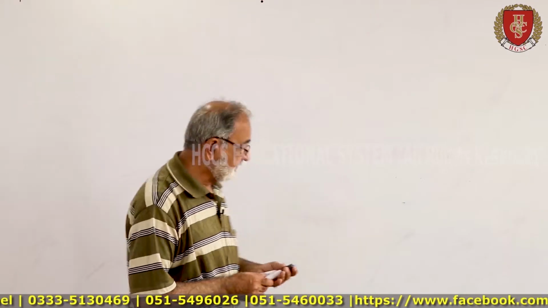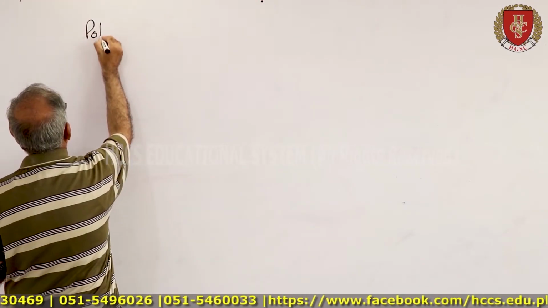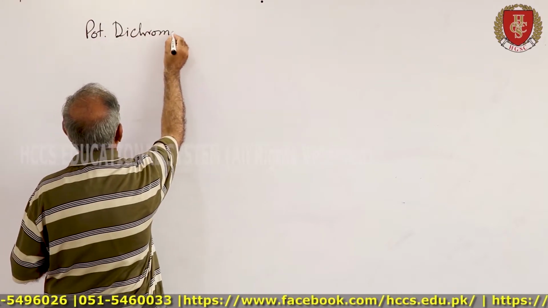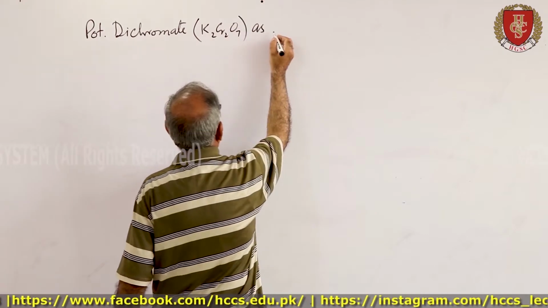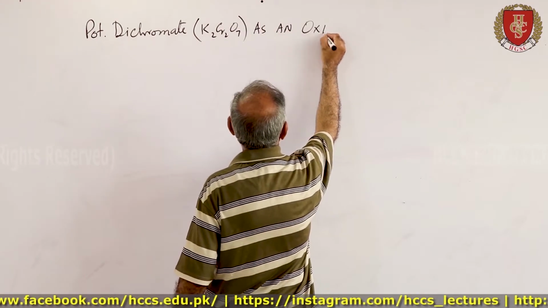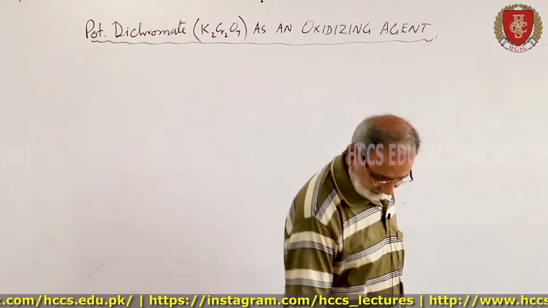Now we will discuss potassium dichromate, that is K2Cr2O7, as an oxidizing agent.